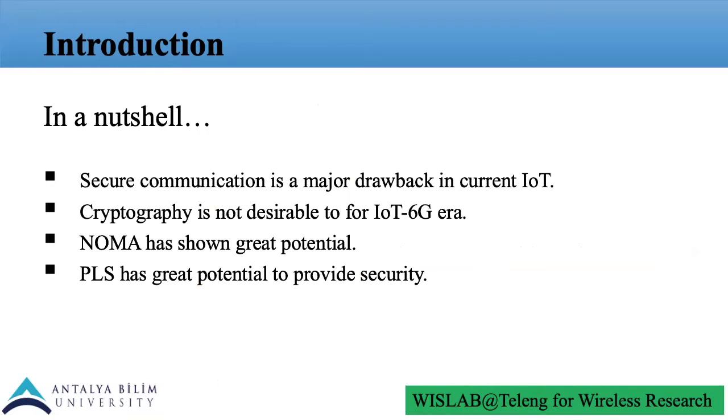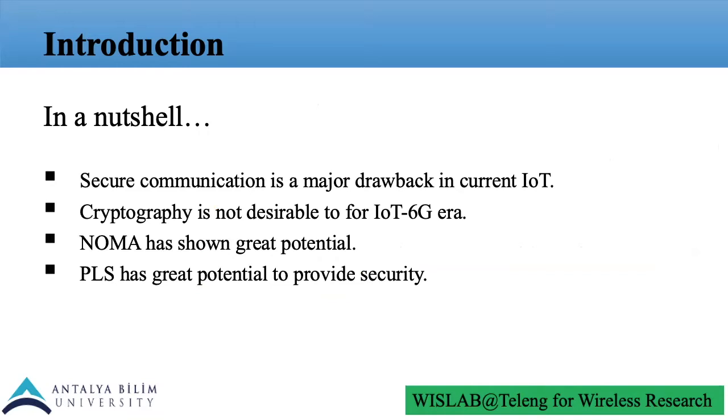So basically, in a nutshell, we talked about secure communication being a major drawback in, for example, the current Internet of Things. We also talked about how cryptography is not desirable for Internet of Things in the 6G era.